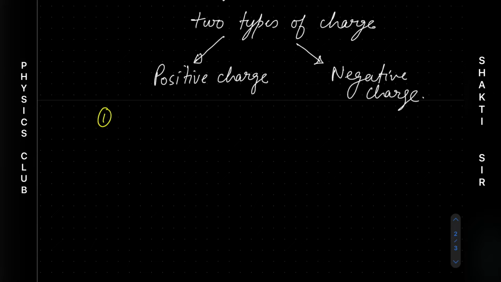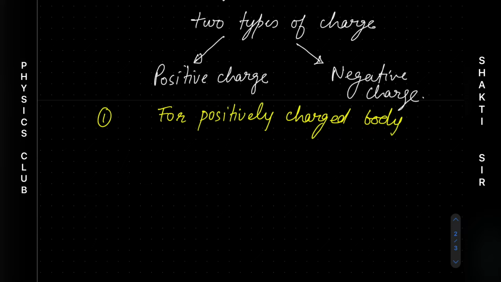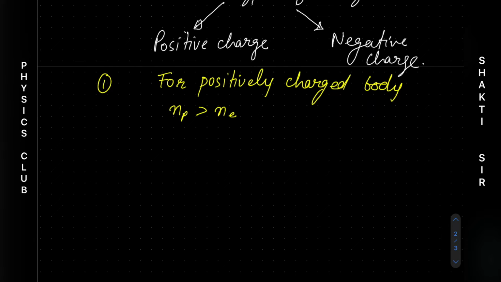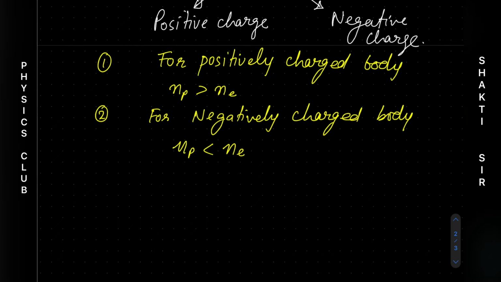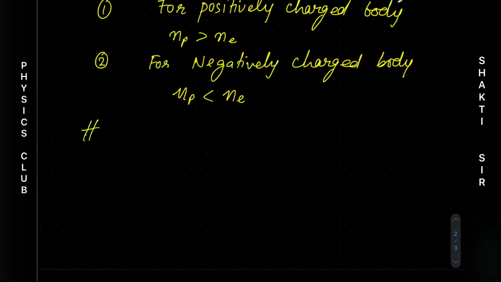If a body has positive charge, it means that there are more protons as compared to the number of electrons. Obviously, if there are more protons, then the body will be positively charged, and for a negatively charged body, the number of electrons is more as compared to the number of protons, then the body is negatively charged.